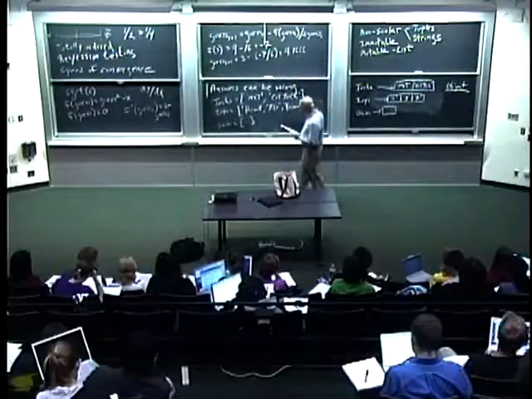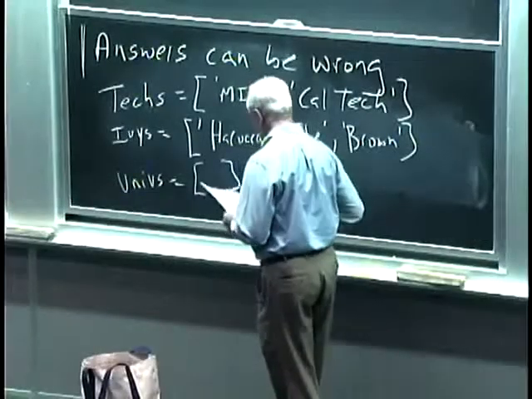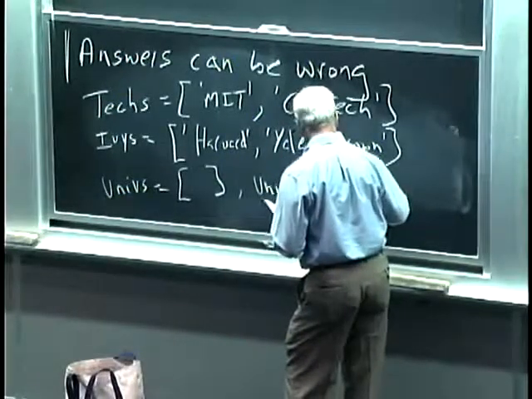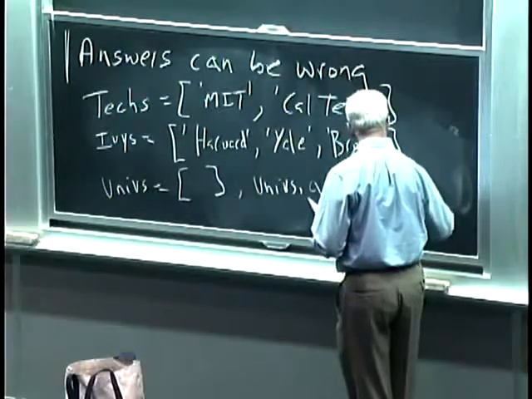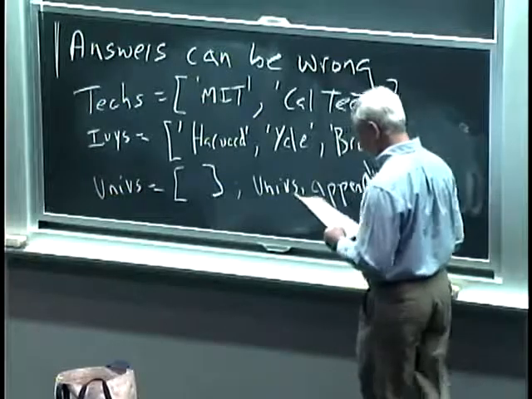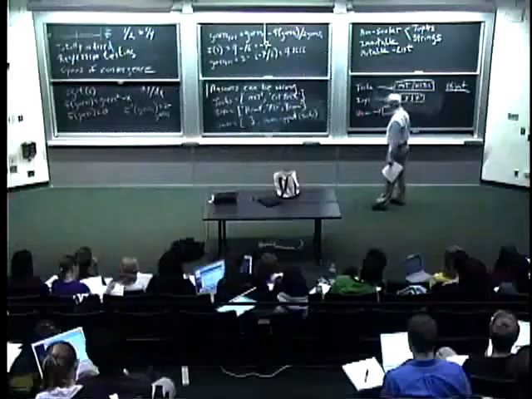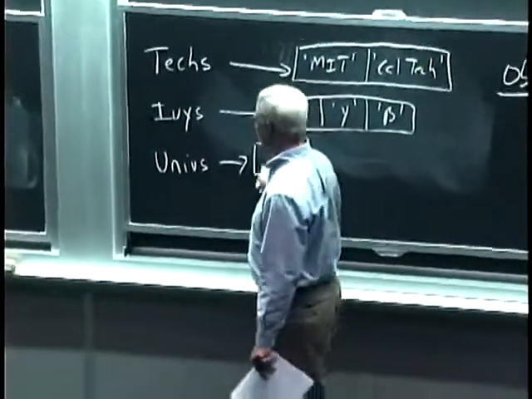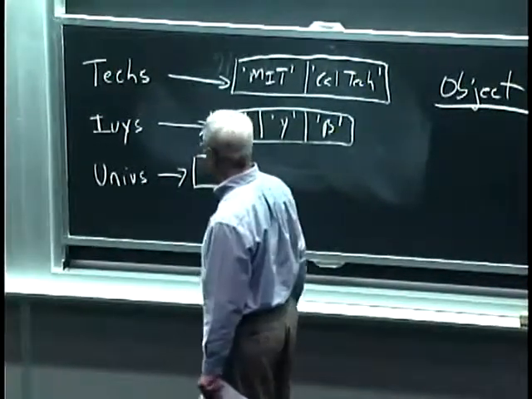And the next thing I'm going to write is Unevs dot append tex. What is this going to do? It's going to take this list and add to it something else.